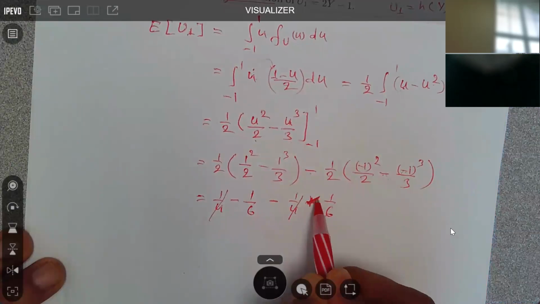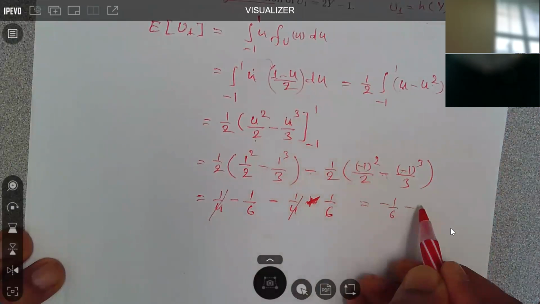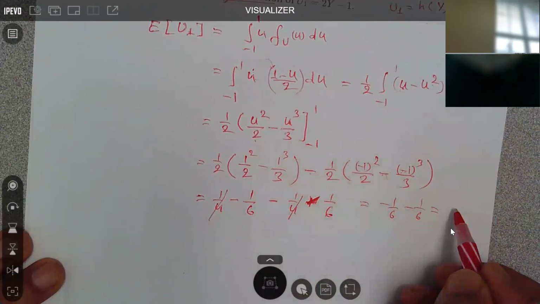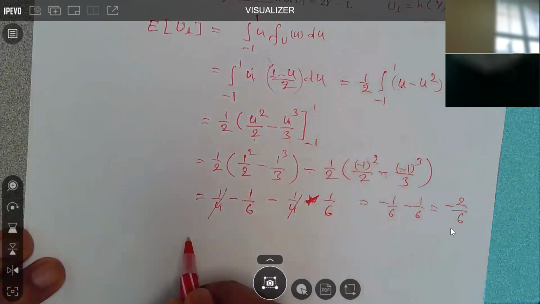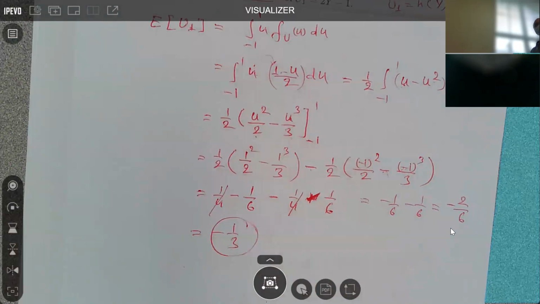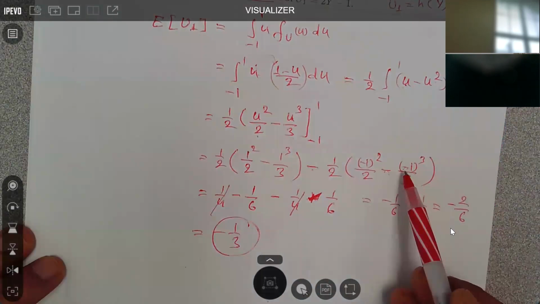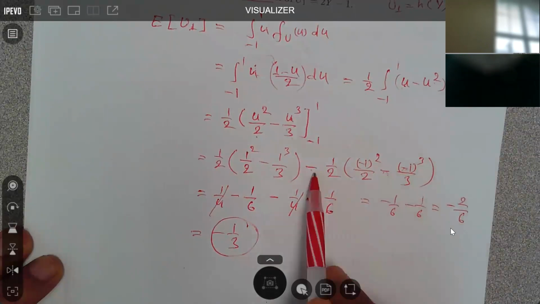This is positive, negative. So this equals -1 over 6 and -1 over 6, so equals -2 over 6, so this equals -1 over 2. So this is negative, right? So negative and negative, this is positive, right? Positive and negative, negative.